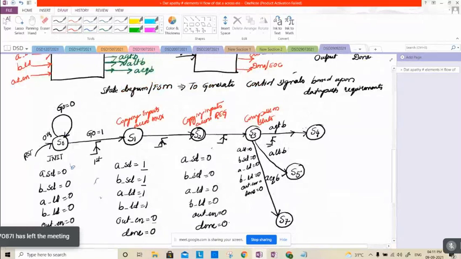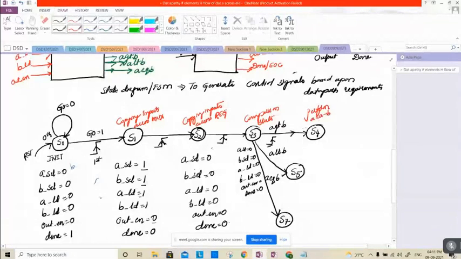So at S4, perform A is equal to A minus B and B is equal to B. We have placed a subtractor, and the subtractor is going to perform the operation A is equal to A minus B. So what should be the value of A load here? 1, sir.